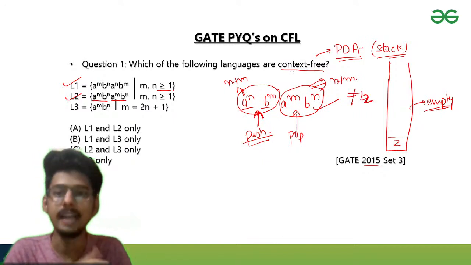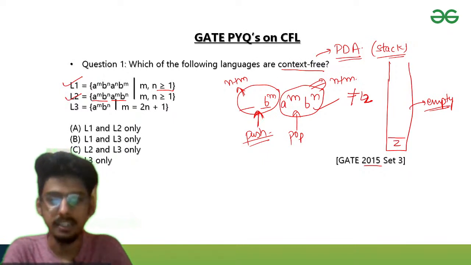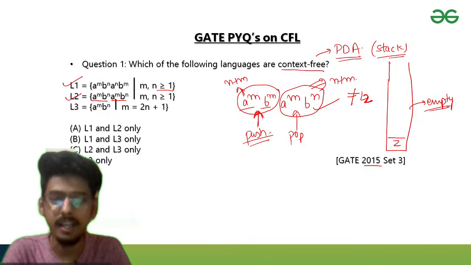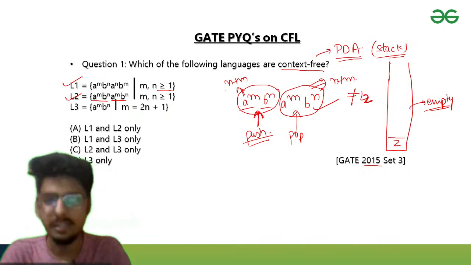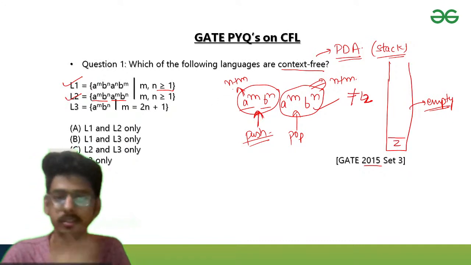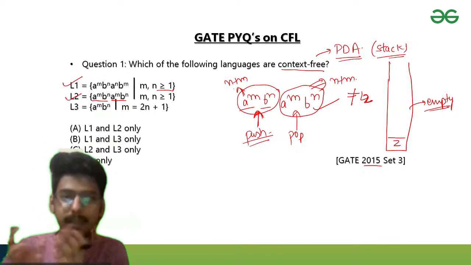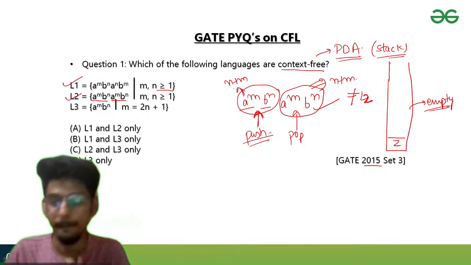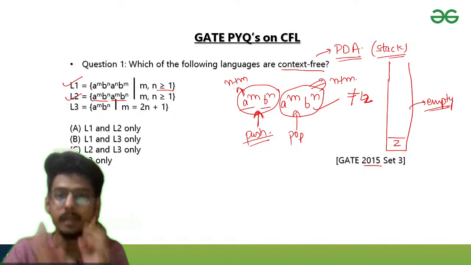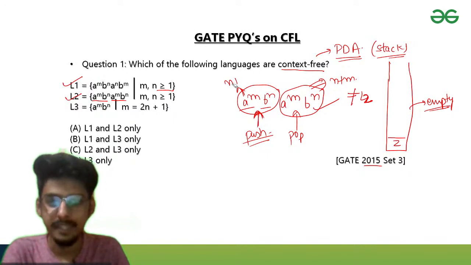If you were thinking like that, that for the first half I will push the elements into the stack, and for the next half I will pop the elements from the stack, that is a wrong approach. I told you why: the sum can be the same, the number of A's plus the number of B's can be the same, but I also have to match the number of A's.